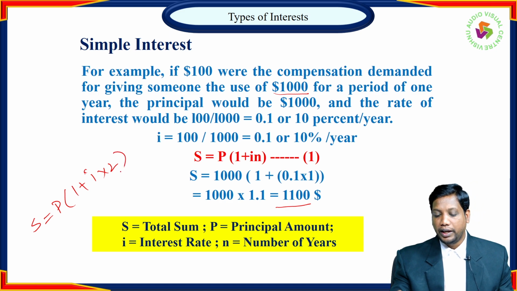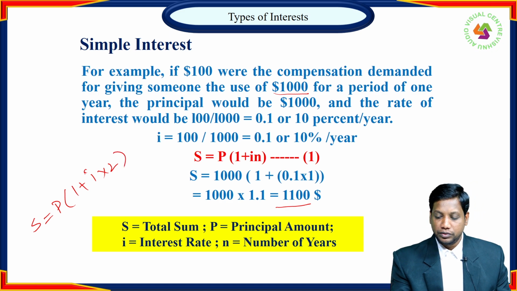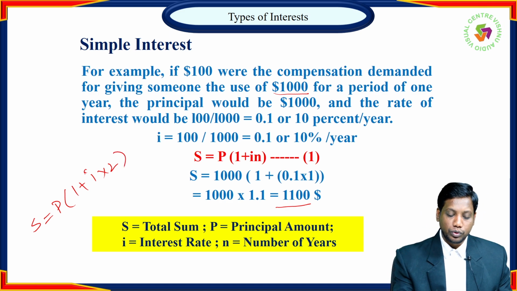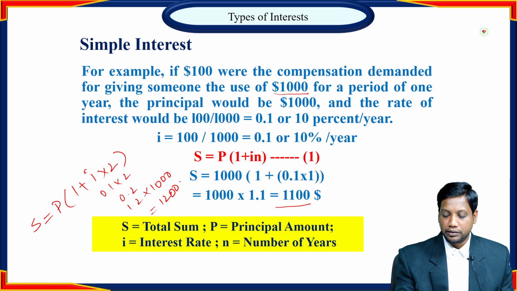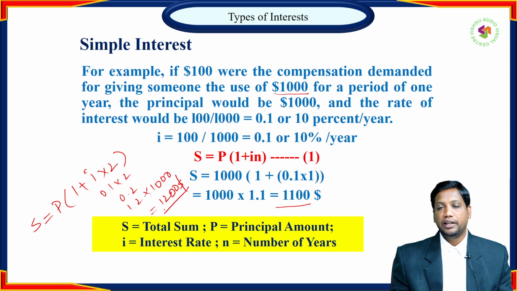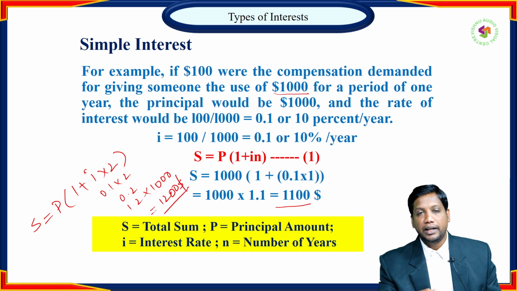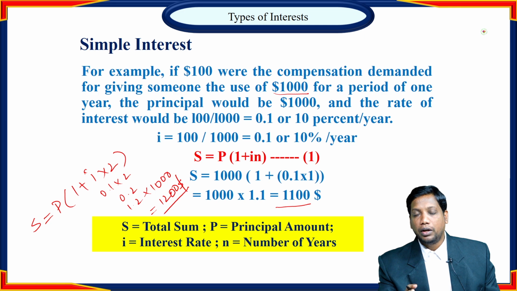N equals 2 years, so 0.1 multiplied by 2 is 0.2, which gives 1.2. 1.2 multiplied by 1000 gives you $1,200. This is the total accumulated amount after a period of 2 years.